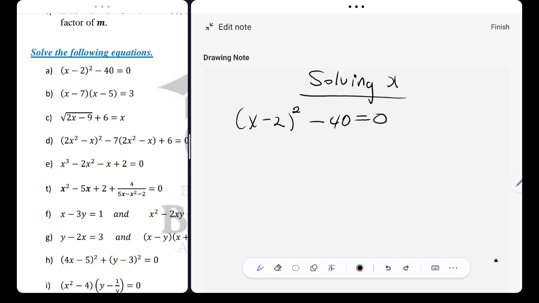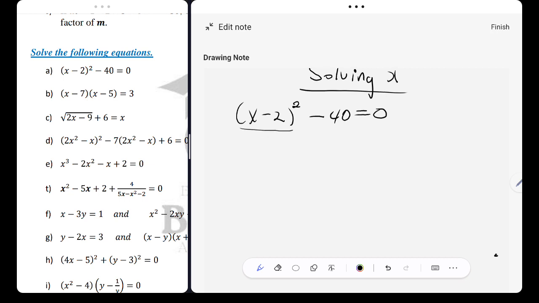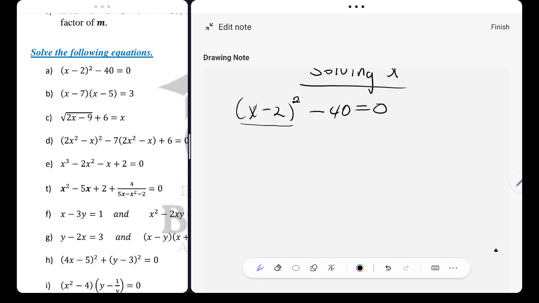This is the only bracket we have. So if you have something like this and a squared here, we will just have 3 terms. Are you together? So how can we find those 3 terms? For the first term, you just need to square the first number here, then you'll get x squared. Then for the last term, you just need to square the negative 2, you'll get a positive 4.